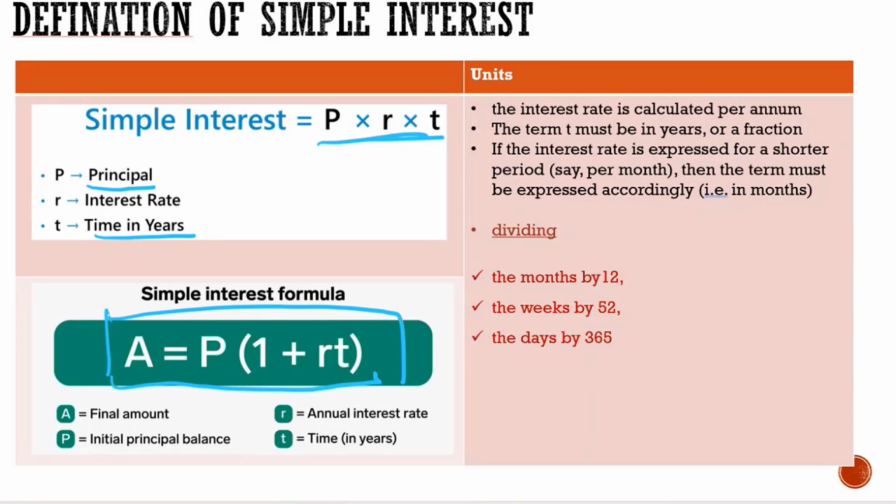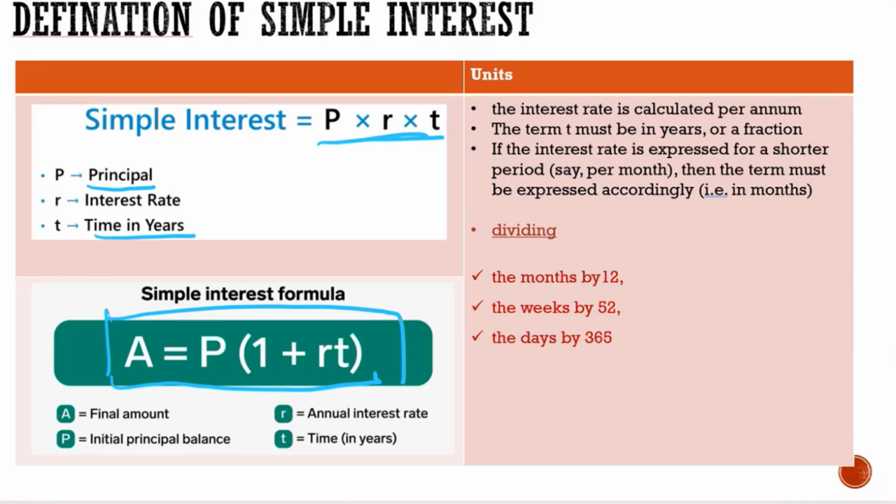You need to be able to identify the simple interest, the discount, and the compound interest. What is also important is that the interest rate is calculated per annum, that means yearly.